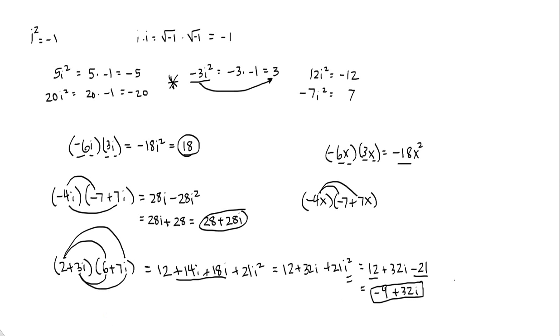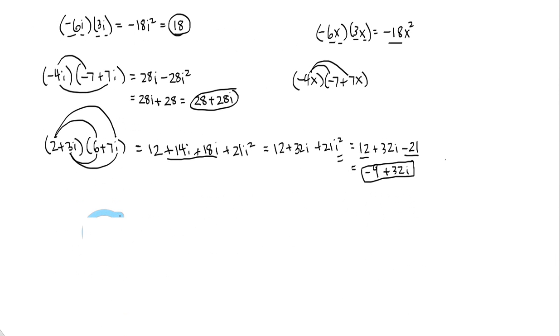I do want to point out one other thing to you, and that is, what if I had 4 plus 2i times 4 minus 2i? Let's FOIL that. 4 times 4 is 16. My outside terms, 4 times negative 2i is negative 8i. Inside, 2i times 4 is positive 8i.